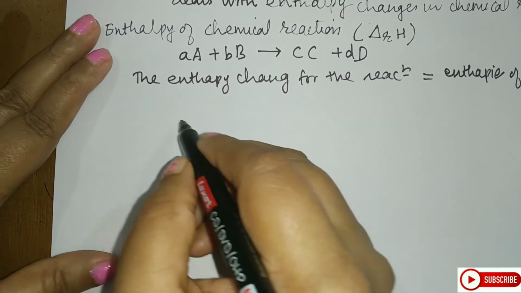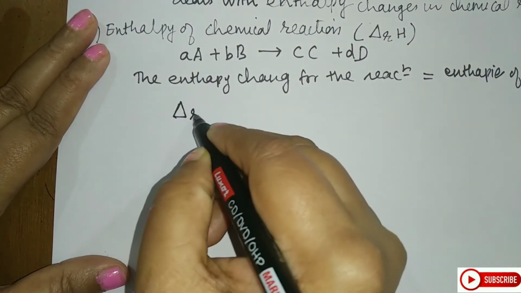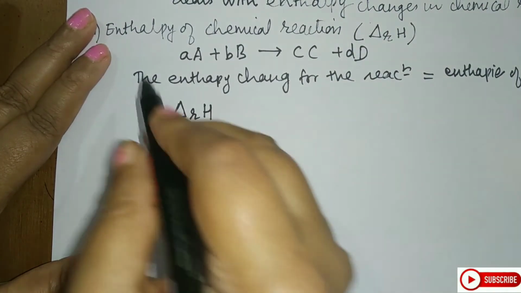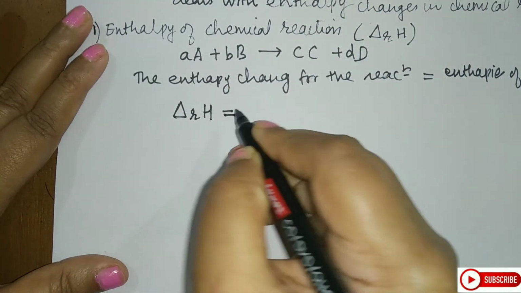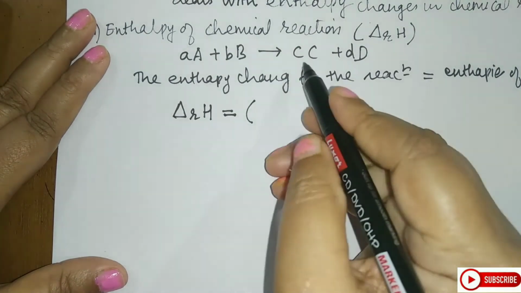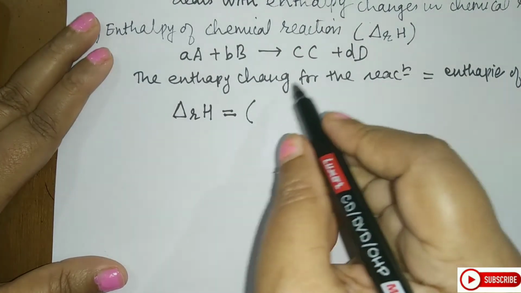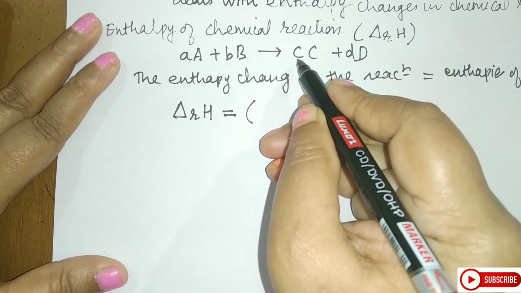So how will I write this? This will be delta r H, that is the enthalpy of chemical reaction, is equal to the enthalpy of products. So how will you write this? Those numbers of moles are very important.